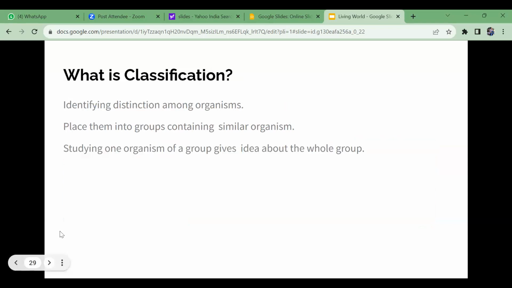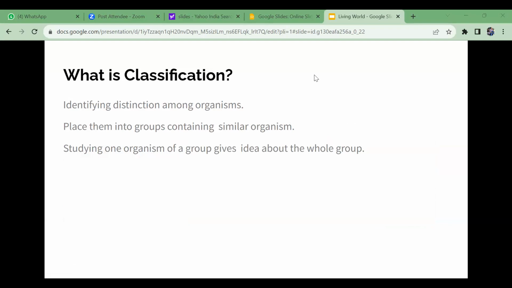Okay, so what is classification? Identifying distinction among organisms. So identifying the organisms is known as classification. So we need to do it. Place them into a group containing similar organisms, and studying one organism of a group gives an idea about the whole group.